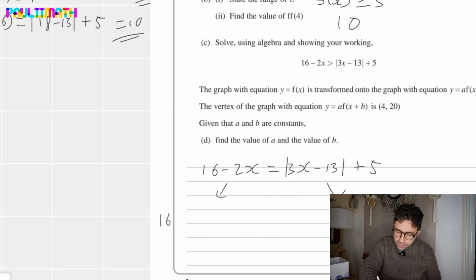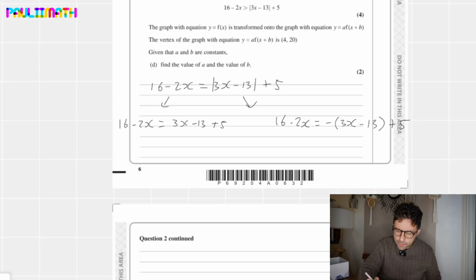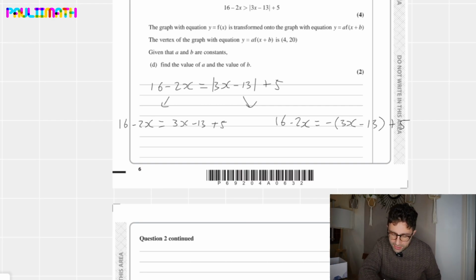So one of them is 16 minus 2x equals the positive version of the modulus. And another one here is 16 minus 2x equals the minus version of the modulus. Solving this one, I will have the calculator ready just in case my brain fails me.